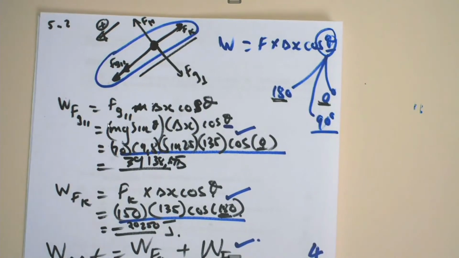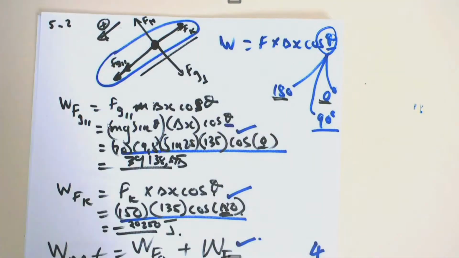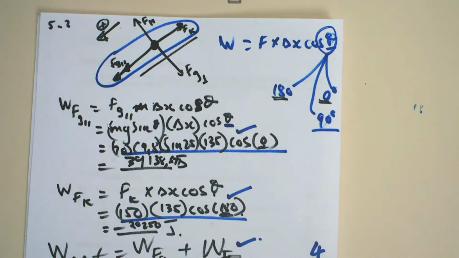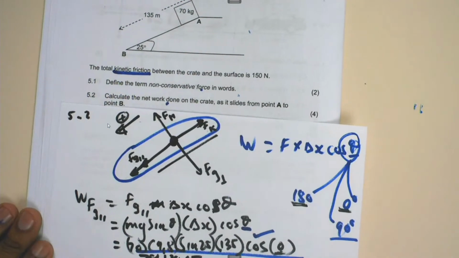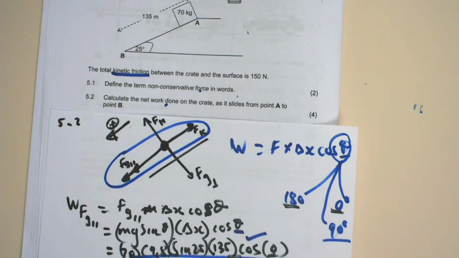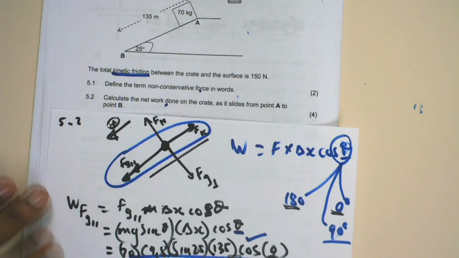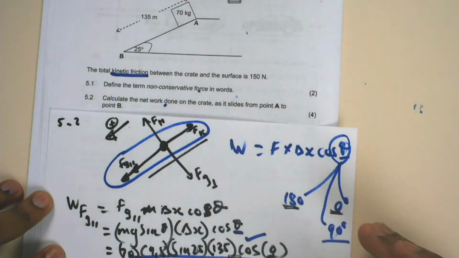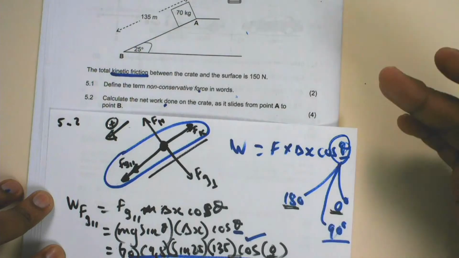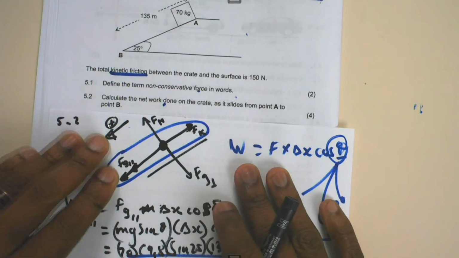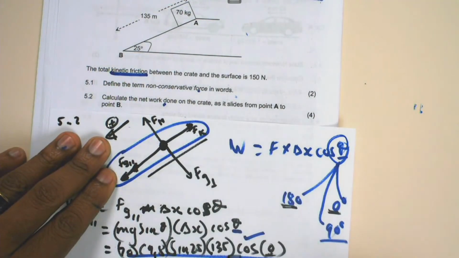What I did was just for me to draw the free body diagram, but the examiner did not ask anything that has to do with a free body diagram. Can you see that? Hence, it's always important to say, let's follow a certain pattern. Let's draw the free body diagrams that we're asked to do.